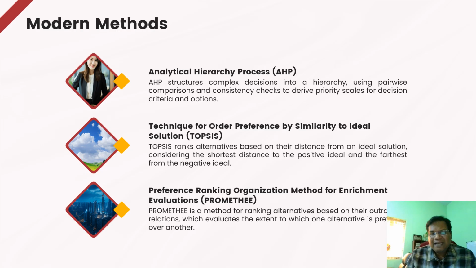Now, TOPSIS ranks alternatives based on their distance from the ideal solutions. Ideal solutions mean the optimum solutions, considering the shortest distance to the positive ideals or positive alternatives and the farthest from the negative ideal. So it will be very easy to consider which are the most effective alternatives.